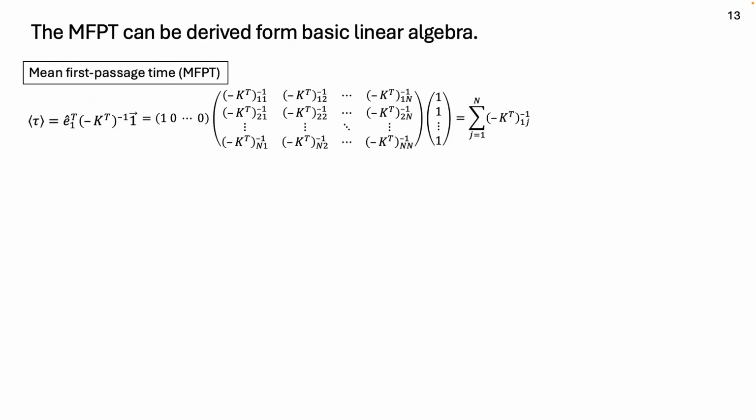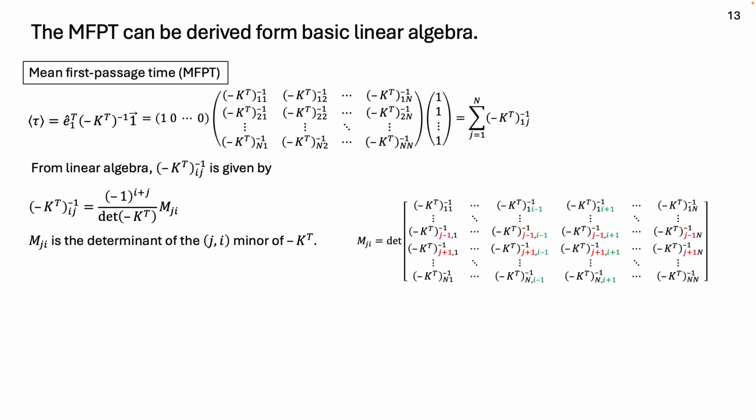And according to basic linear algebra, the inverse matrix can be written here: minus 1 to the power i plus j over the determinant of minus K, times Mji, which is a cofactor.